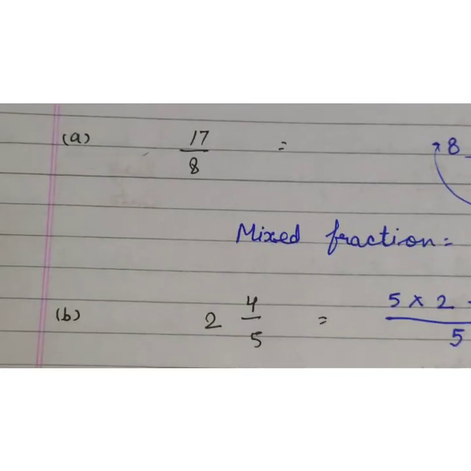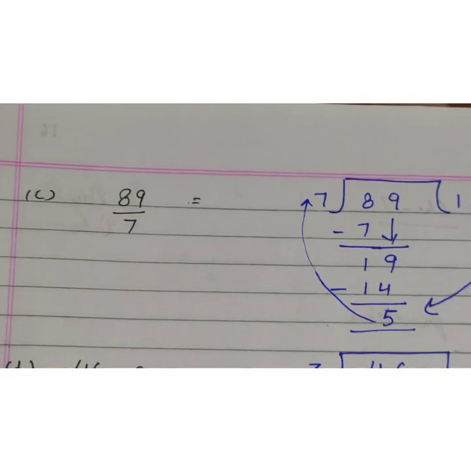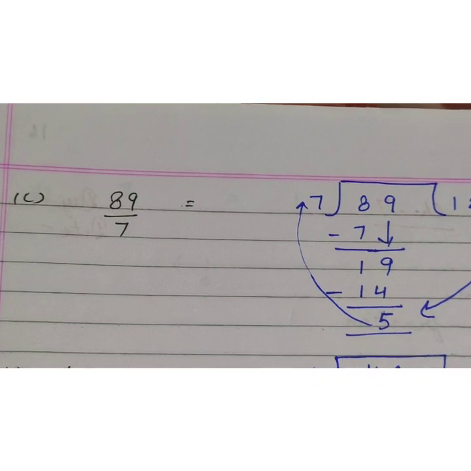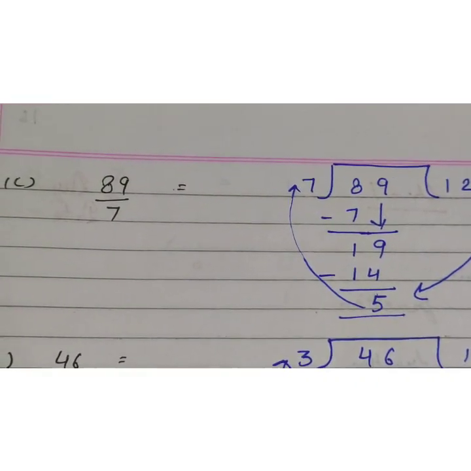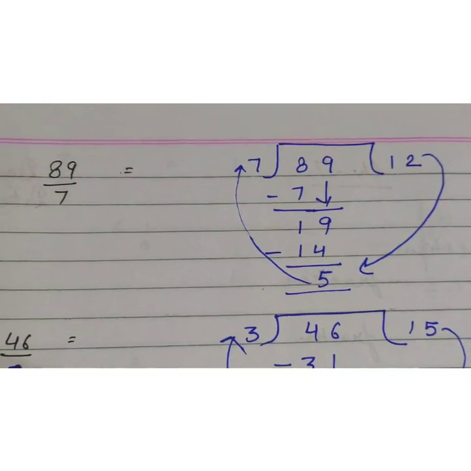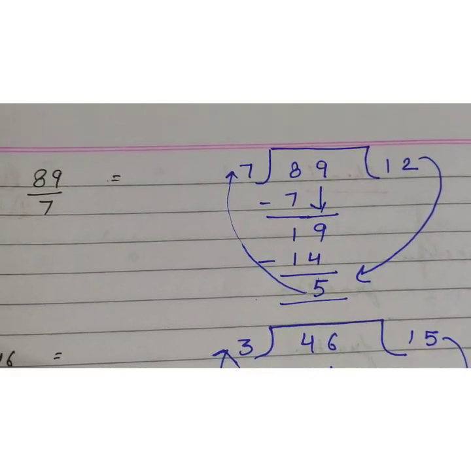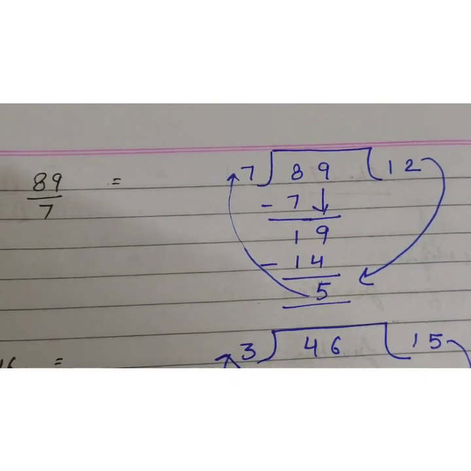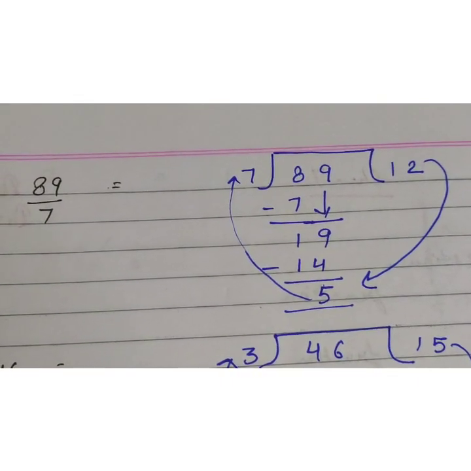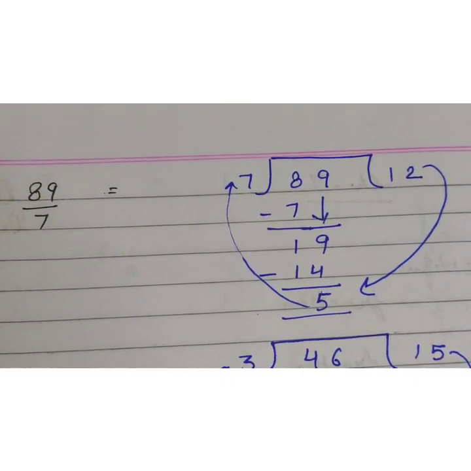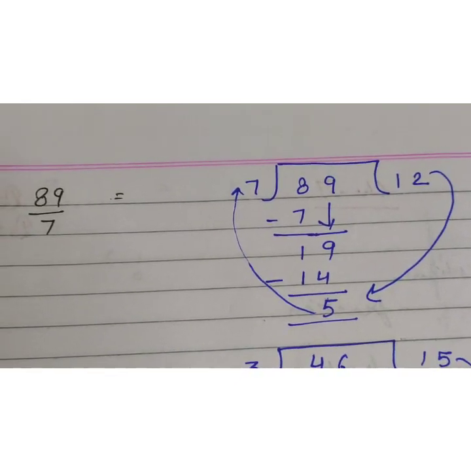Now we will move to our C part. In C part you can see 89 upon 7. You have to divide 89 by 7. So 7 ones are 7, 8 minus 7 is 1. Then we will note down 9 from upside. 7 twos are 14.